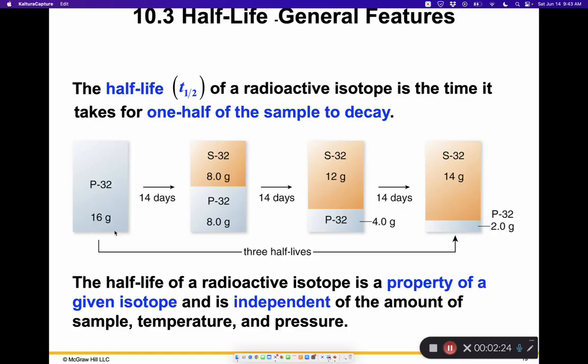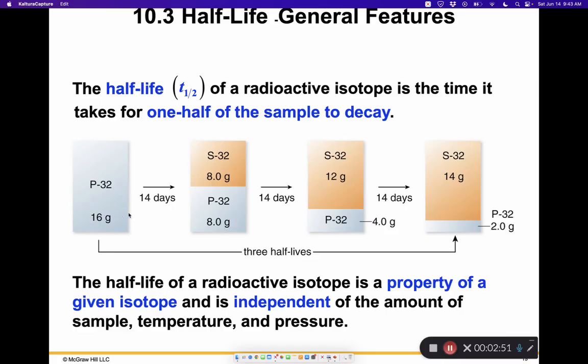Let's say we have 16 gram of phosphorus-32 originally, and then it starts to decay. In 14 days, 8 gram of phosphorus-32 has been converted into sulfur-32. Now we have just 8 gram of phosphorus-32 left.